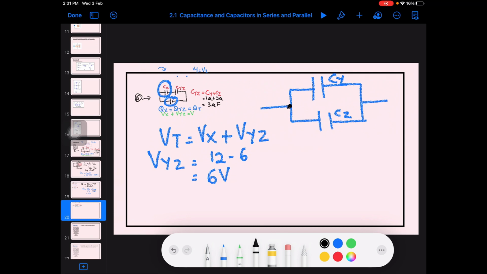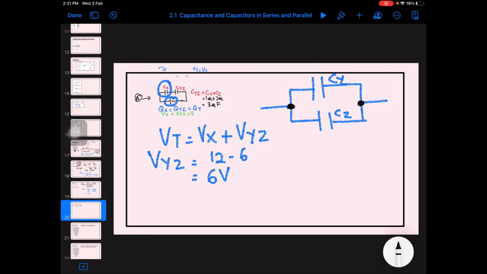So since Y and Z is in parallel, that's mean VYZ is equals to VY equals to VZ, where it is equals to 6 volt.